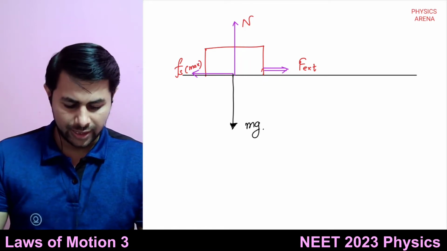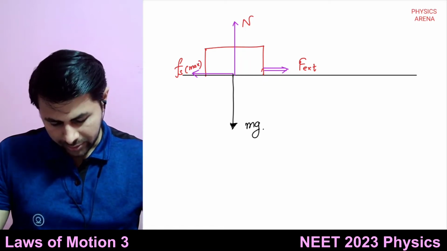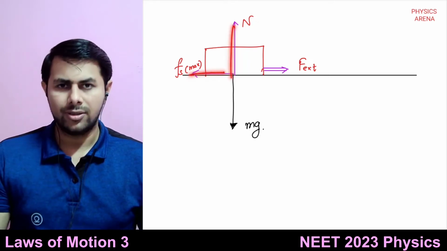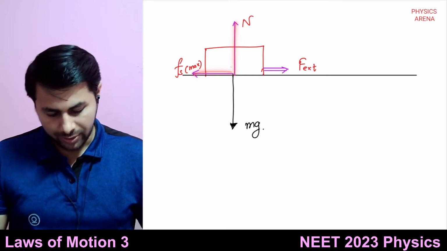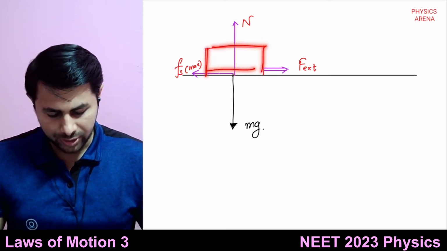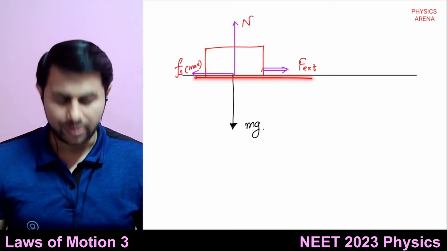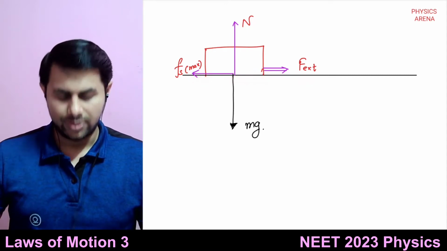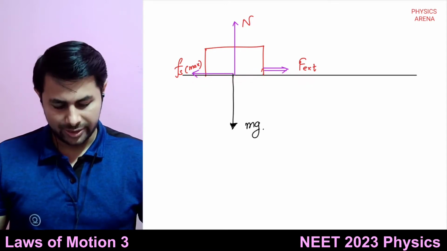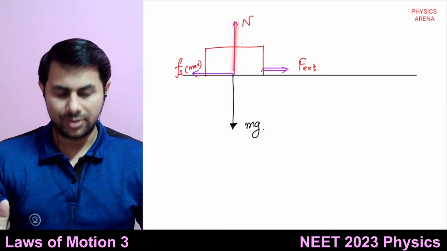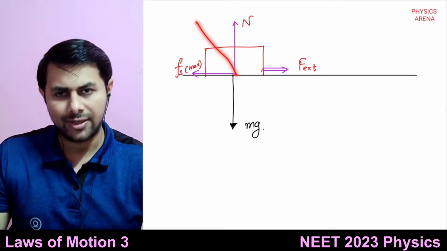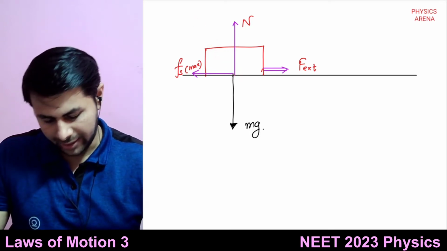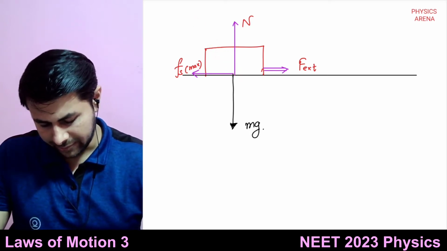Now, these two are the components of what? The contact force only. These two forces are because of the contact between these two bodies, the block and the floor, right? So the contact force is neither perpendicular to the surface, nor parallel to the surface. It will be at some angle, and we can find out that angle.